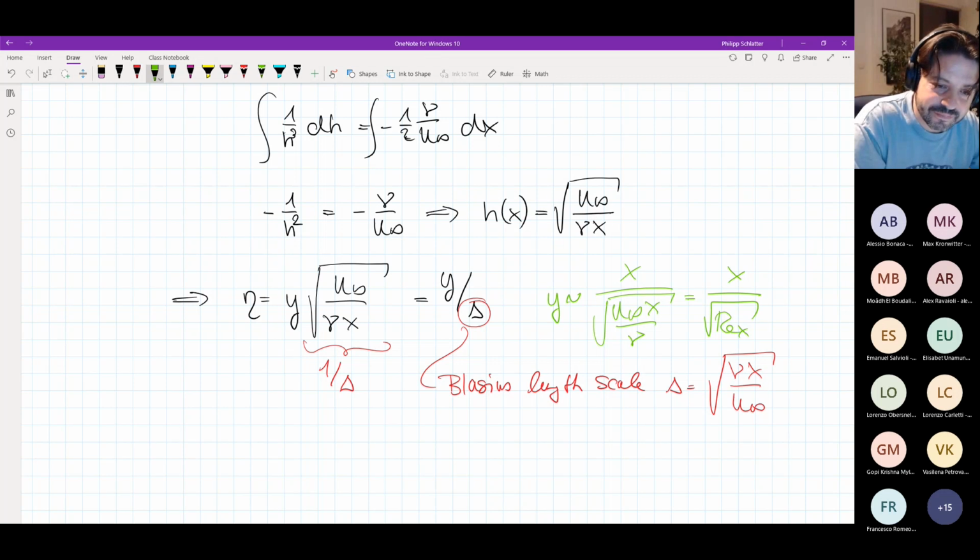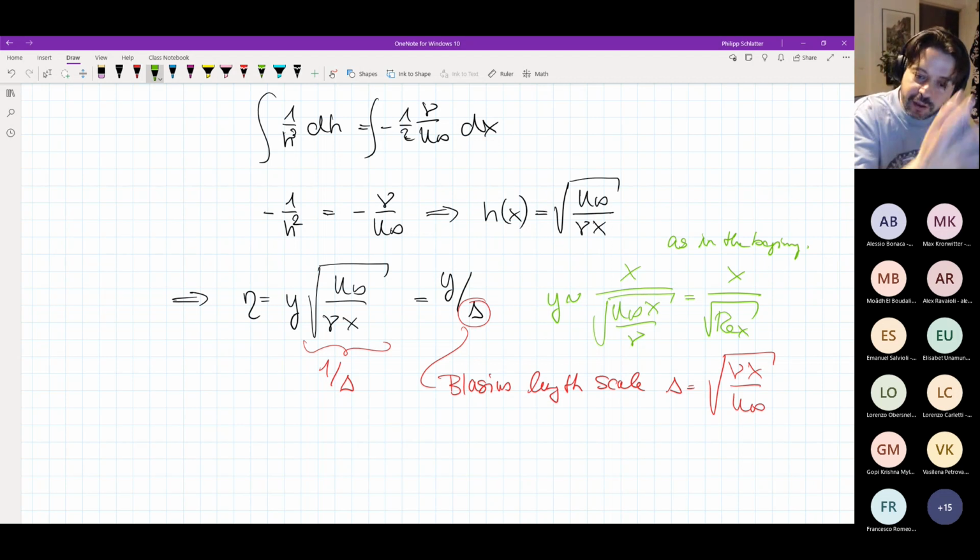And this is exactly the relation that we had in the beginning of today's lecture when we talked about the thickness of the boundary layer. So this is as in the beginning. We have now recovered for the Blasius solution exactly this square root behavior of the growth of a boundary layer.